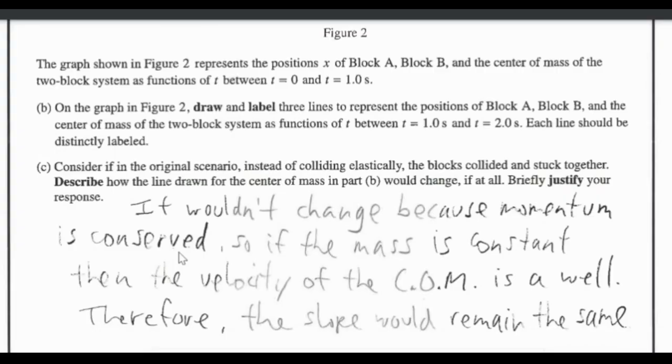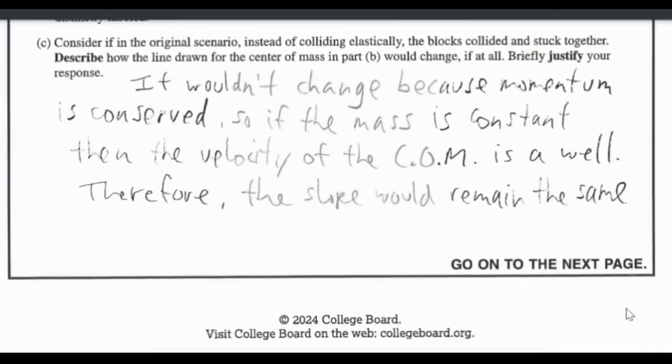So similarly to the things I was just saying, if the mass is constant, then the velocity of the center of mass is as well. Therefore, the slope would remain the same. So like I said, just kind of recapping on the same things. Momentum is conserved, mass is the same, so velocity has to be the same, and the slope is representative of the velocity, so that means the same.